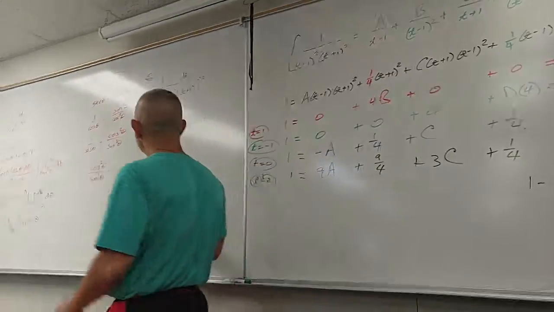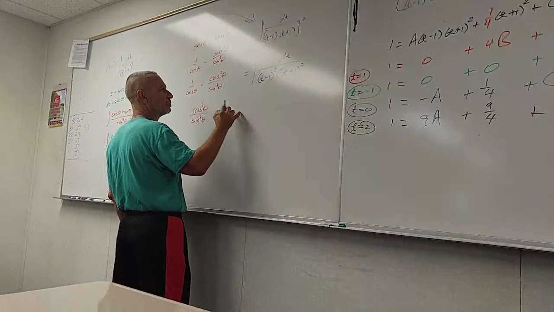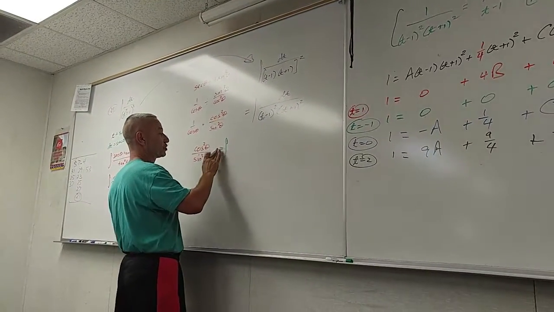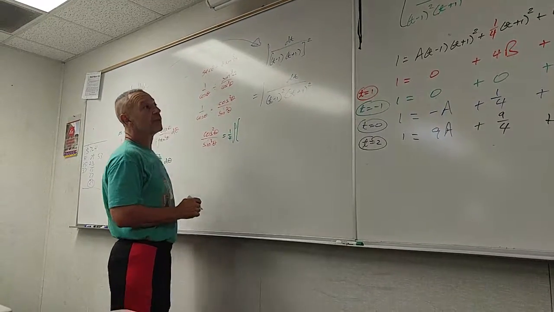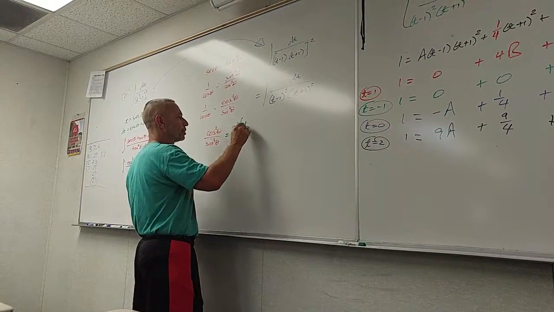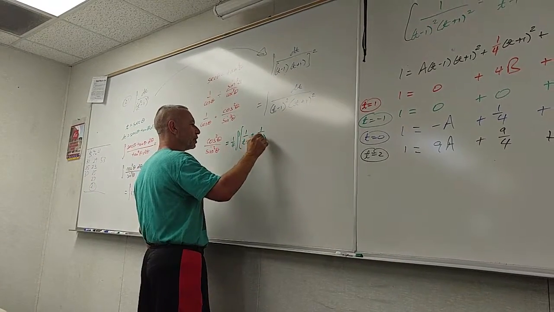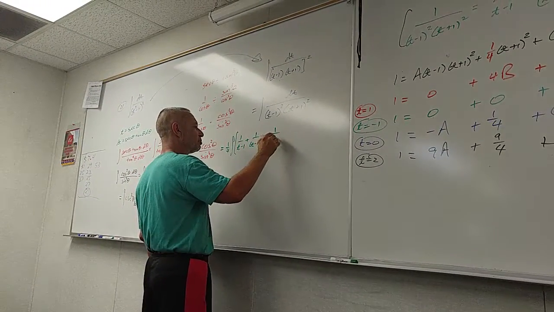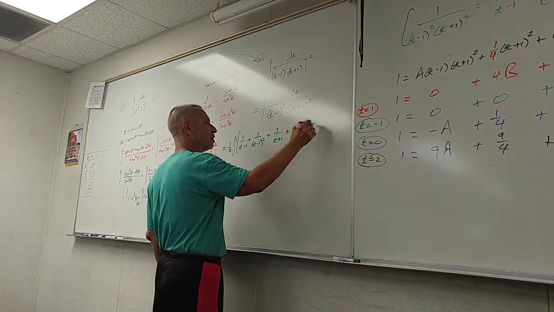So in other words, I've now changed this integral into, let's just factor out the 1/4. So I've got 1/(t minus 1) plus 1/(t minus 1) squared plus 1/(t plus 1) plus 1/(t plus 1) quantity squared.